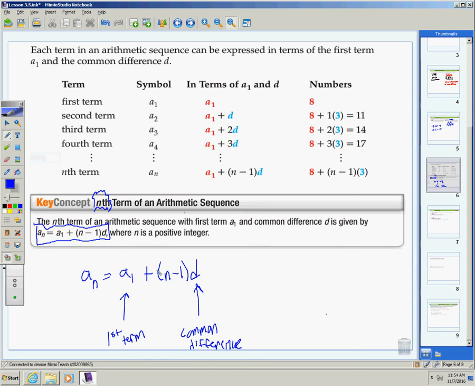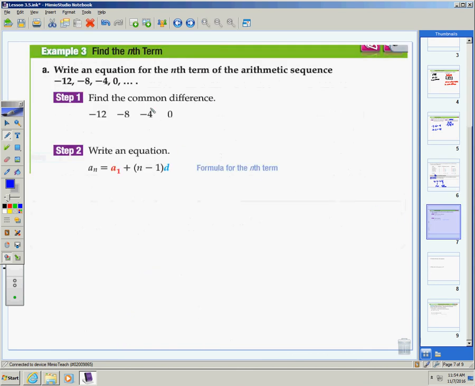So let's look at our next example. We want to write an equation for the nth term of the arithmetic sequence. First thing we got to do is find the common difference. Well, what's happening every time? I'm going to add 4 every time. So once you find the common difference off to the side, just write d equals positive 4. We are increasing by 4 between each term. That's the common difference.